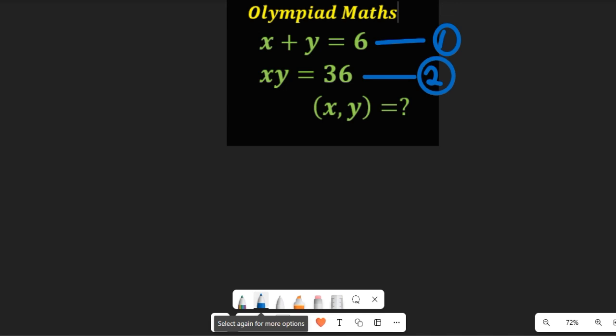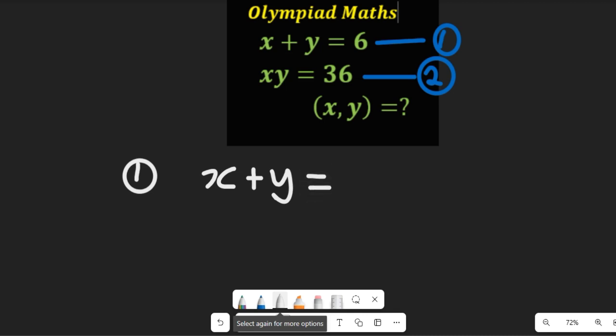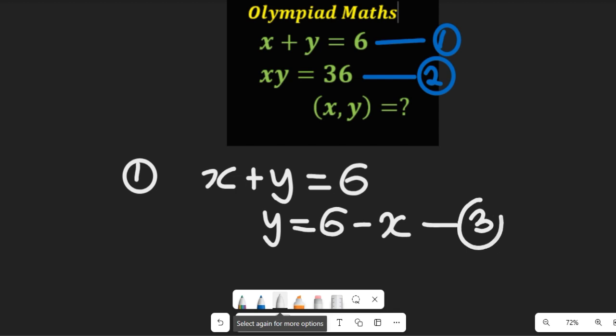From equation 1, x plus y is equal to 6. Now from this expression, I can decide to say that my y will be equal to 6 minus x, right? And I'll assume this to be equation 3.